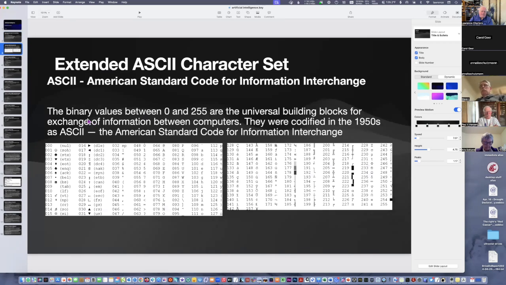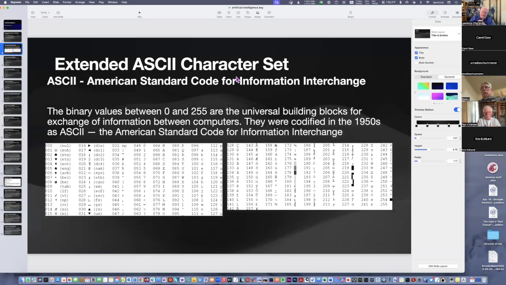This is the extended ASCII character set. ASCII, American Standard Code for Information Interchange, is the standardized way in which computers store things internally and talk to one another. As you can tell from the name, it's very North American centric.